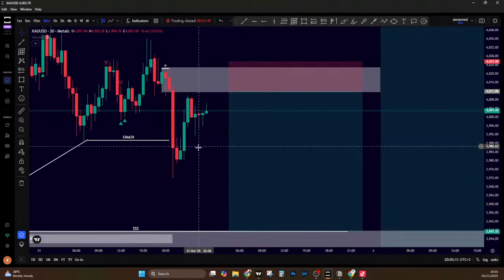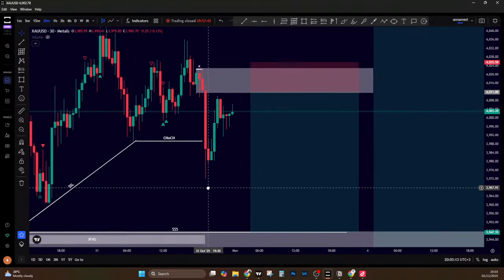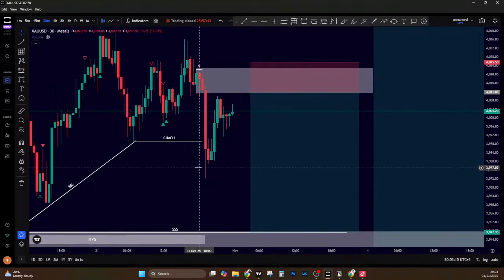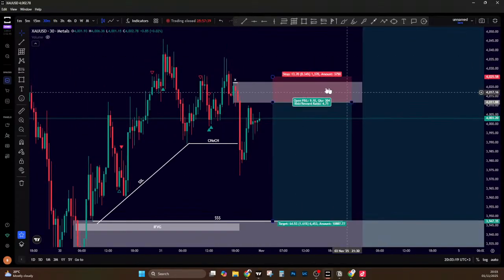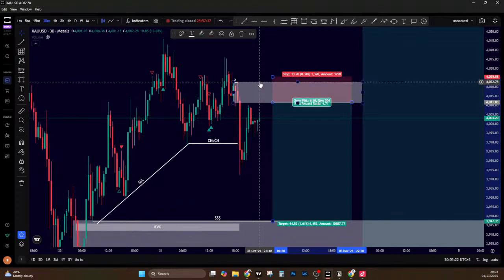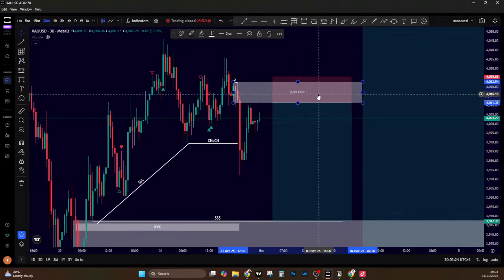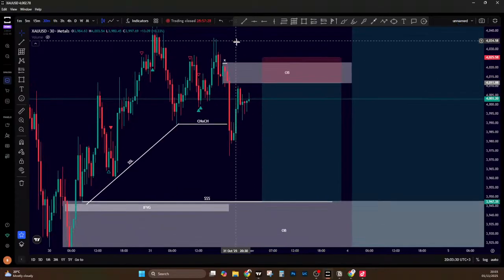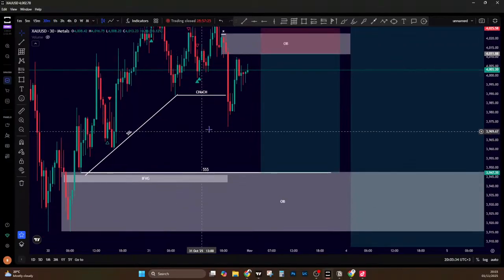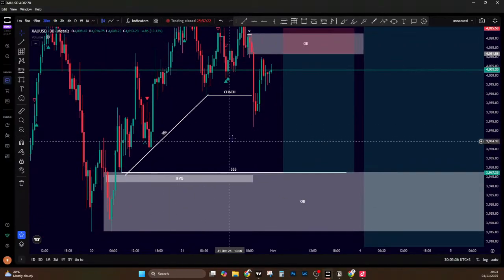So once gold comes back to this area, and this is 30 minutes, I'm not thinking about anything else. I'll just take this sell and target the last liquidity, the last sell side liquidity.